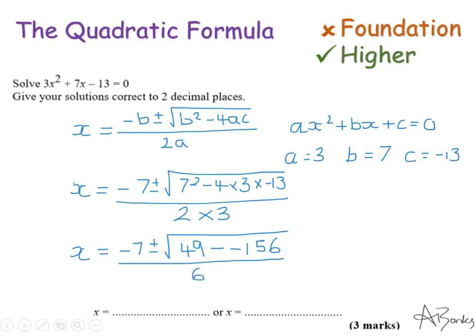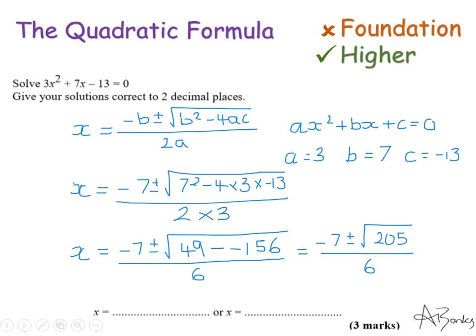Then I can go one step further: minus 7 plus or minus the square root of 49 minus 156 is 205, all over 6. So now that gets me 2 marks for my working out if I don't get the answer correct, and it just makes it much easier to type into your calculator.